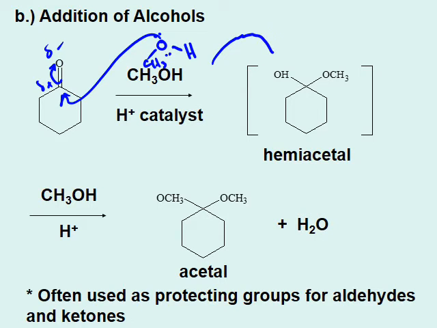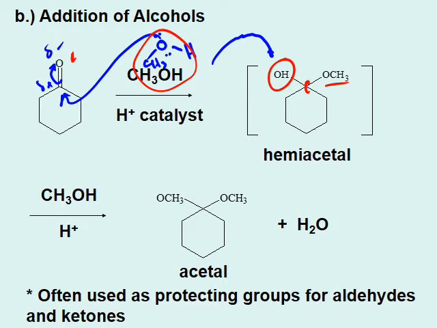So just like before, this O minus picks up H plus, becoming OH, and then this CH3OH plus loses this H plus and becomes OCH3. This kind of bonding is called hemiacetal. Now let me explain what hemiacetal bonding is.